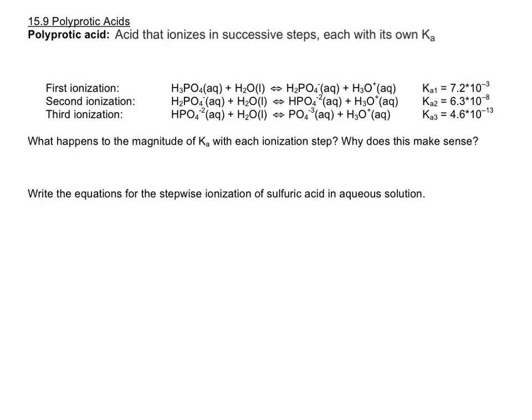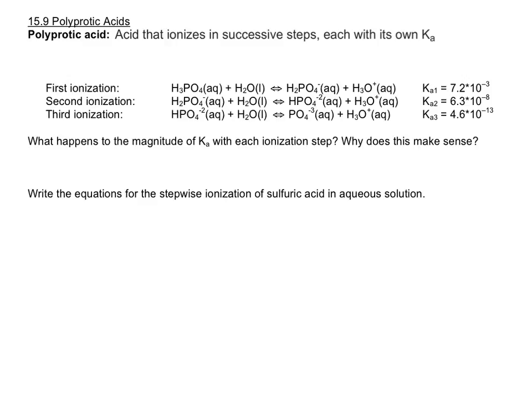Okay? And so if you look at the Kas for each of these steps, Ka1 is 7.2 times 10 to the minus 3, which is a pretty big Ka compared to many of the ones we've looked at. Ka2 is 6.3 times 10 to the minus 8, so that's a little bit smaller. And then Ka3, 4.6 times 10 to the minus 13th, that's the smallest of all of them.